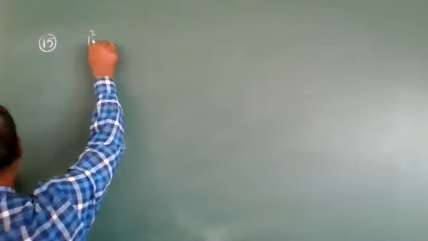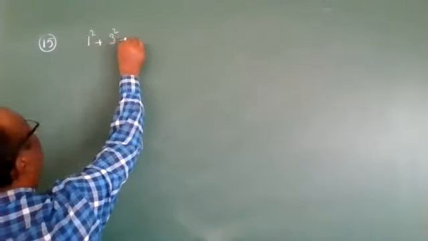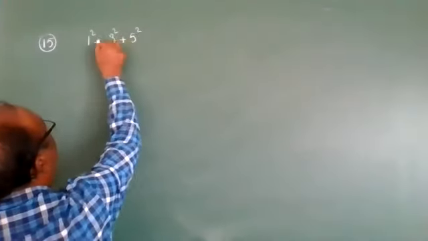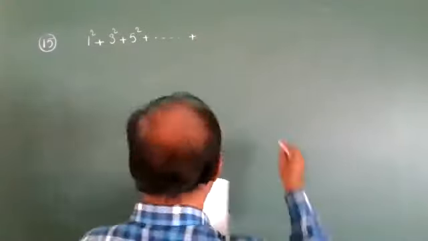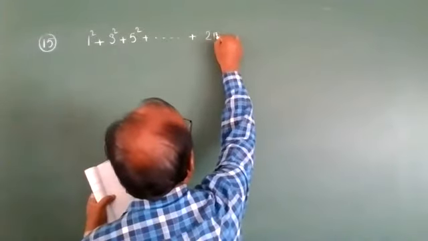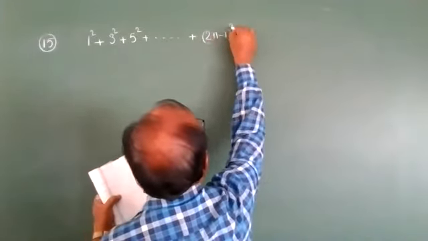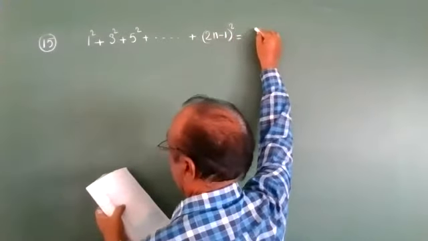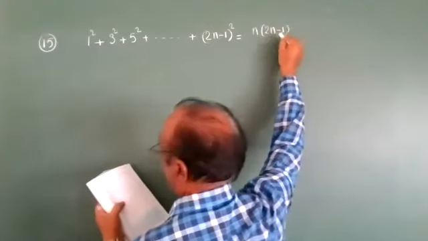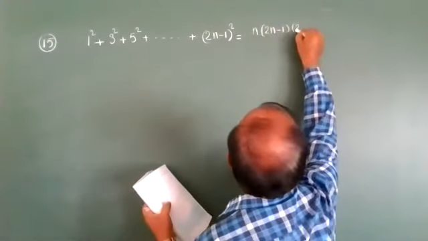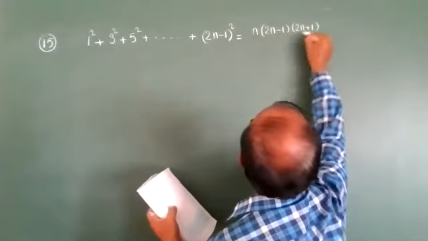After that I go through 13 and 14. 15th problem: 1 square plus 3 square plus 5 square dotted plus 2n minus 1 square is equal to n into 2n minus 1 into 2n plus 1 upon 3.